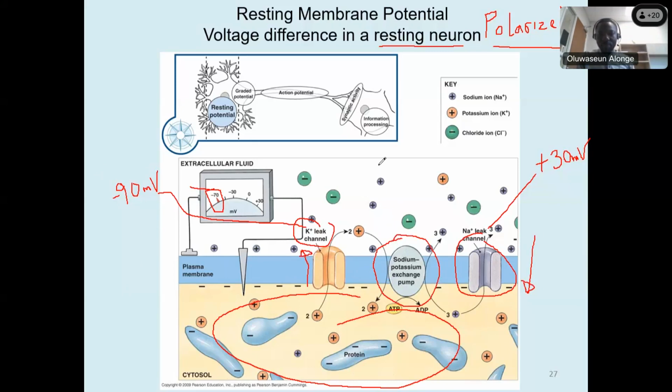Here, 2 potassium comes in through this channel, and 3 sodium ions go out through this channel.